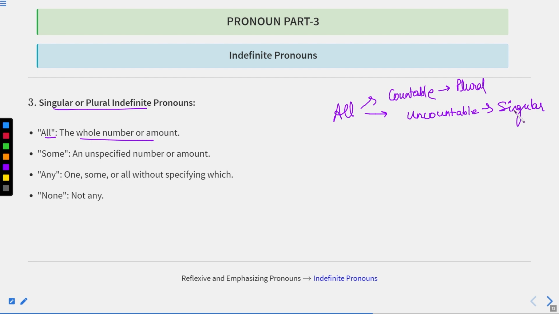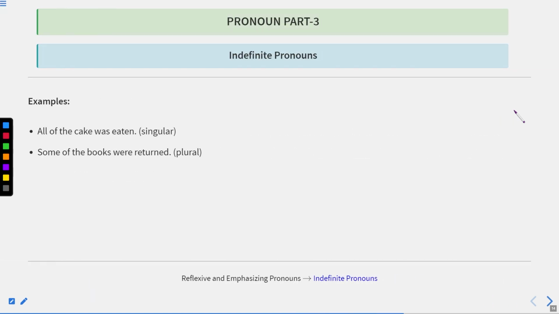If I say all the people were there, here the people are a plural noun, and I'm using were, the plural verb. Some: an unspecified number or amount. Any: one, some, or all without specifying which. None: not any. Examples: all of the cake was eaten, some of the books were returned.